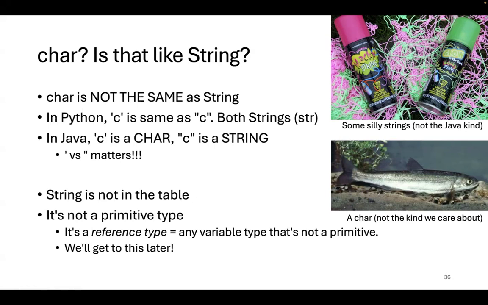So we call string a reference type. There's primitive and there's reference types. They're two separate things, and we'll talk about that in Unit 2. So primitives are the basic building blocks, and a reference type is anything else.